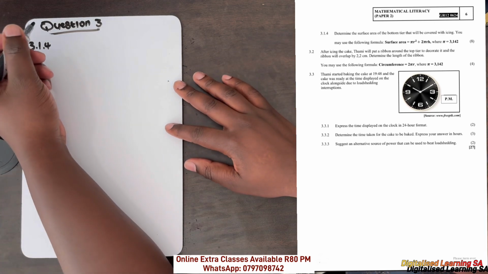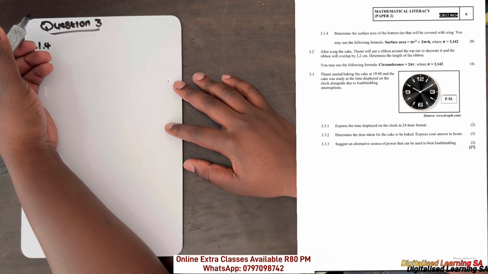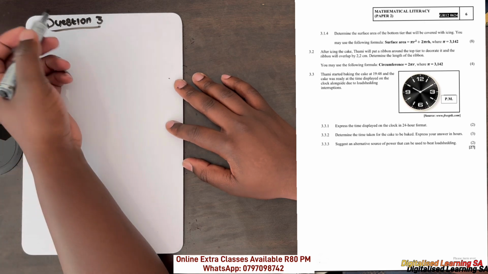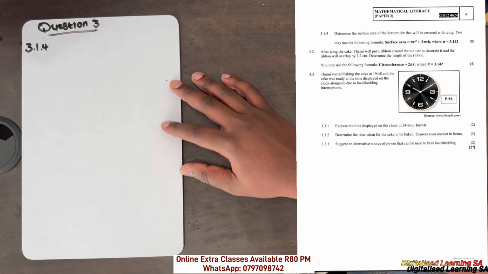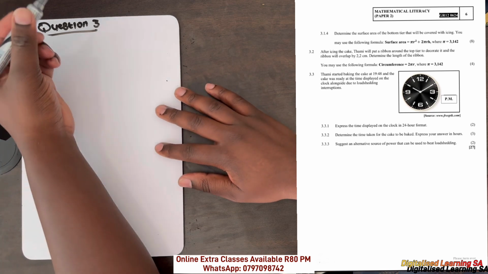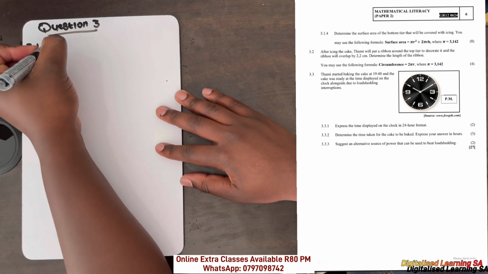So the surface area that we are going to calculate now is for the entire bottom cake that is covered with icing. We are told that we can use the following formula, which is the surface area formula.